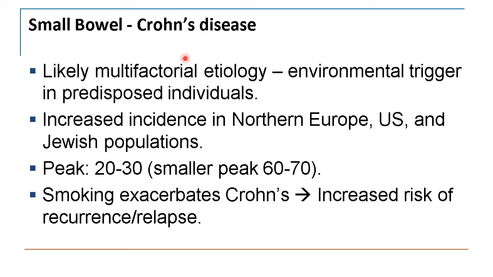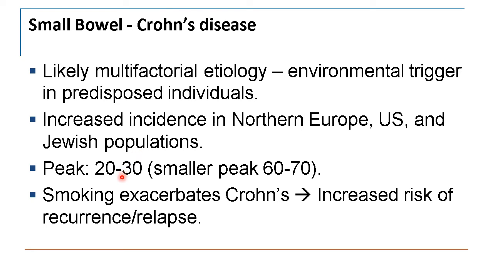In Crohn's disease, the etiology is most likely multifactorial. That is to say, there is an inflammatory trigger in a predisposed individual. There is an increased incidence in Northern Europe, United States, and the Jewish populations.